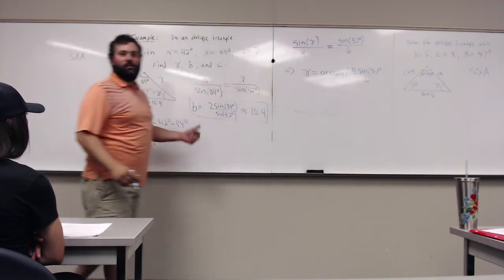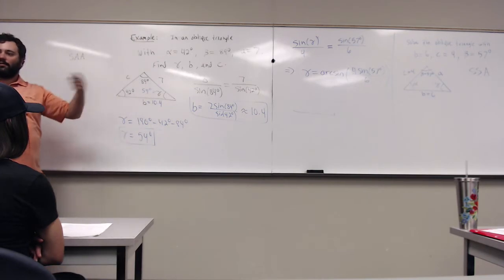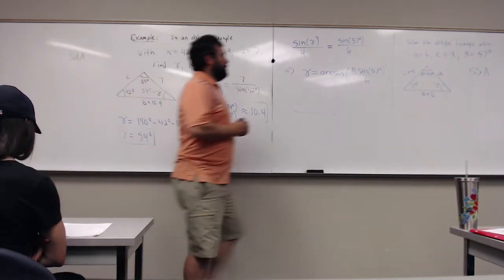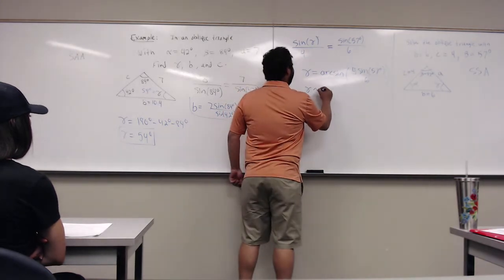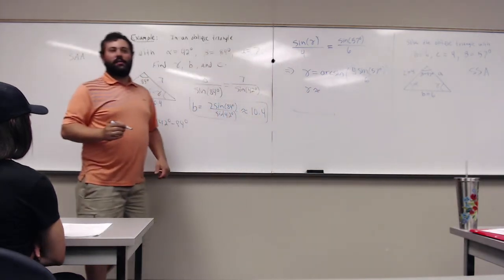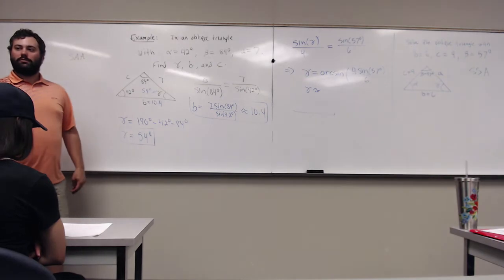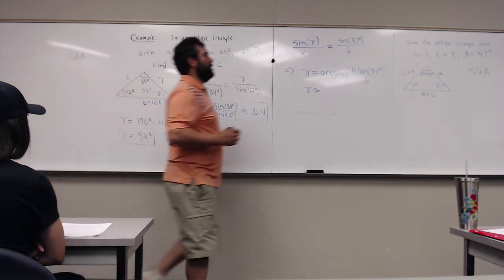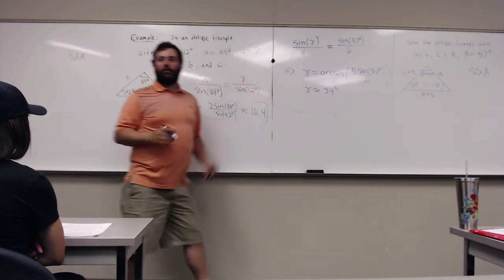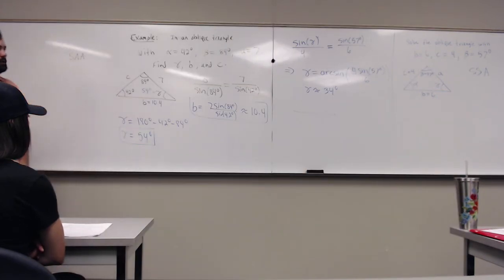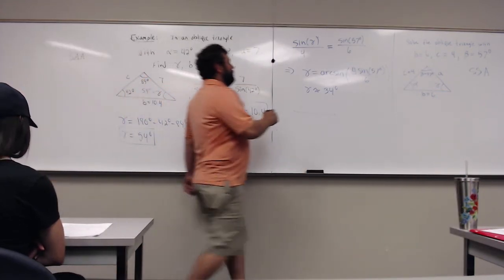But I think it's good that I use both notations, the arc sine or the sine inverse notation. Never do it again, Chris. Okay. And then what do you get for gamma, say if you round to 33.99? 33.99. So let's just round that to whole number degrees for this problem. So you do arc sine.